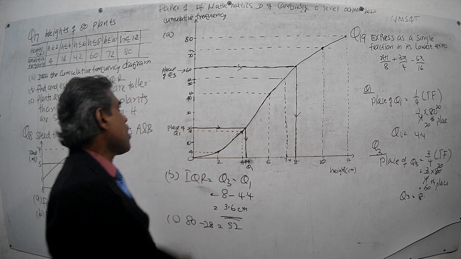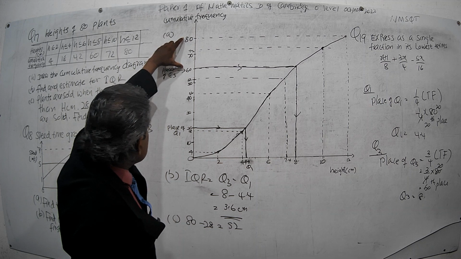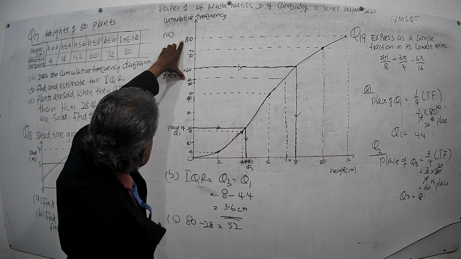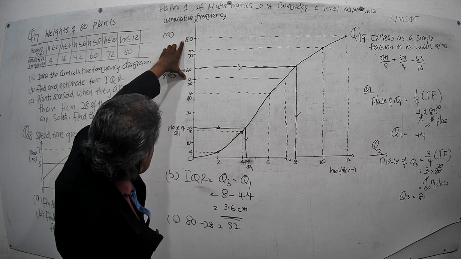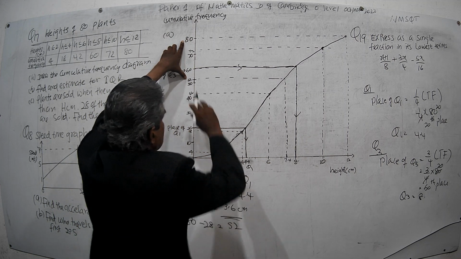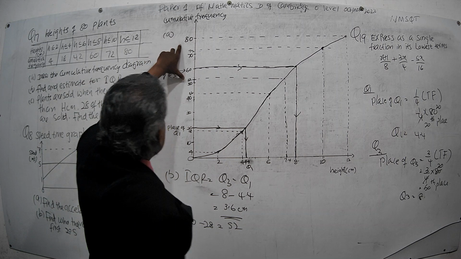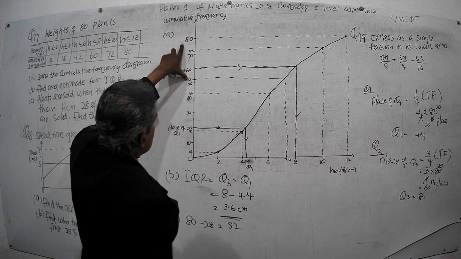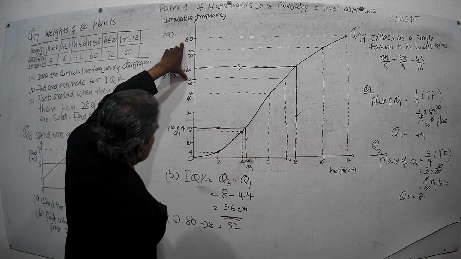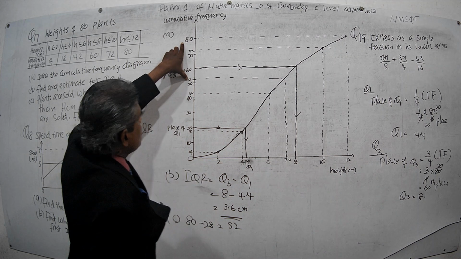They say this is the 28 plants which were taller than that. Those 28 plants are taller than 7.4.